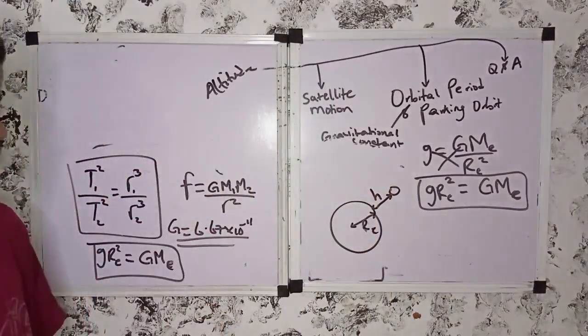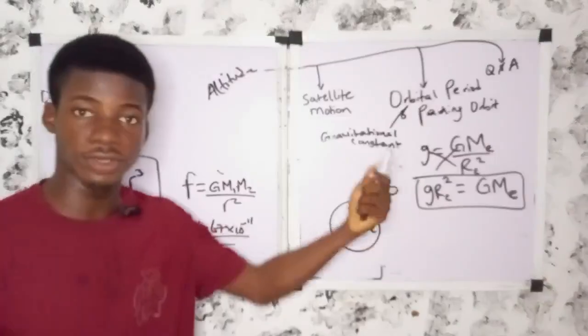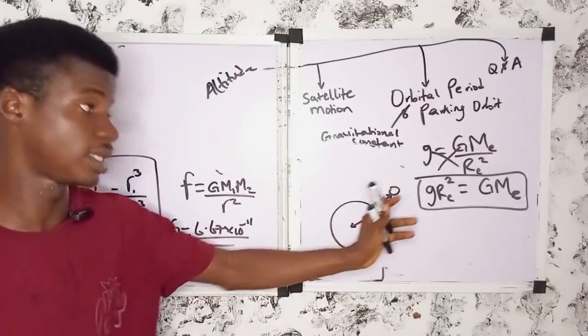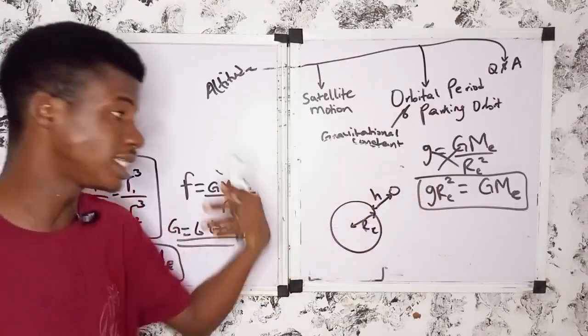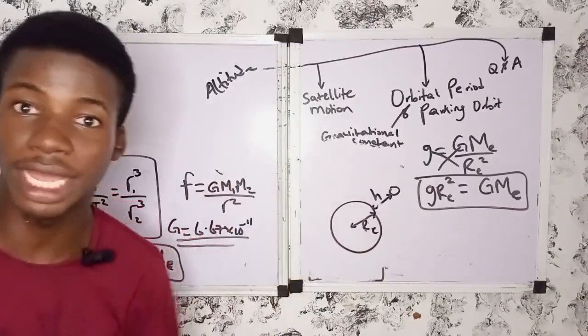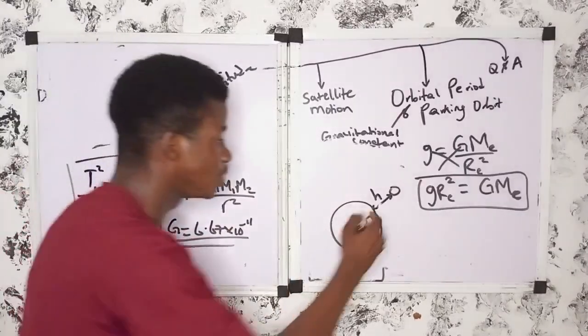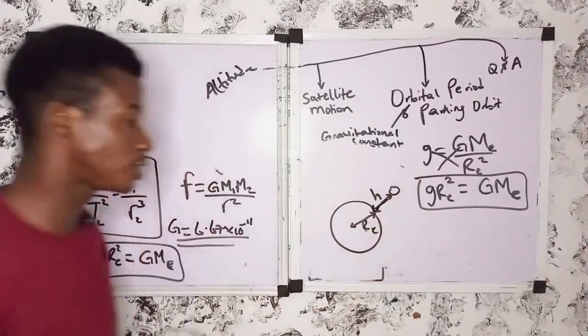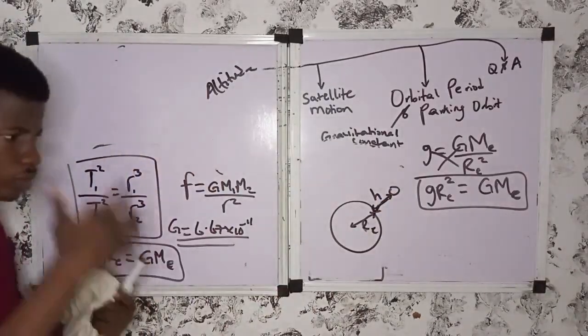Altitude is the distance above the Earth's surface, the distance between the Earth's surface and the object.